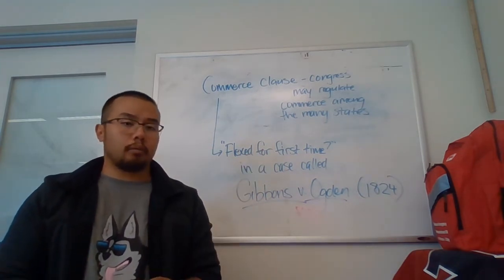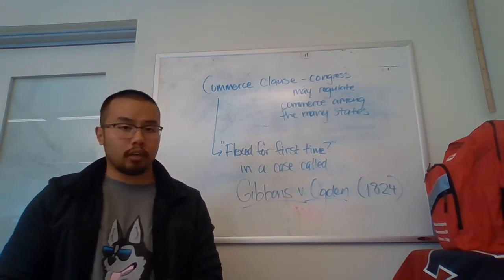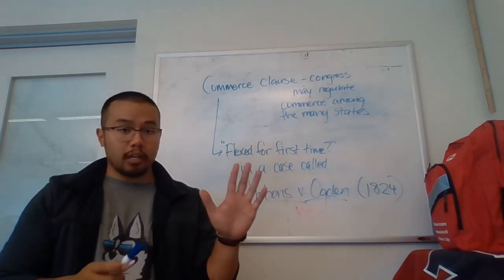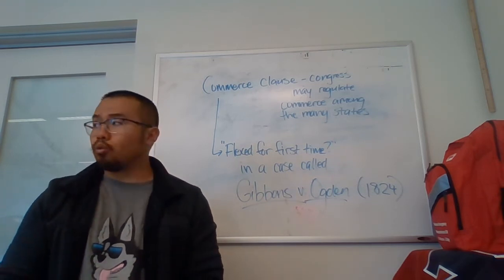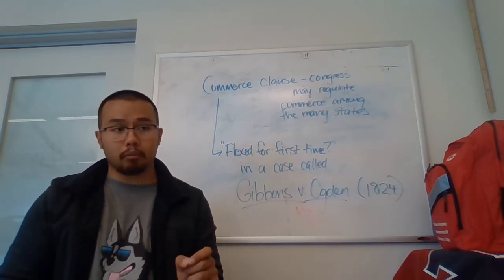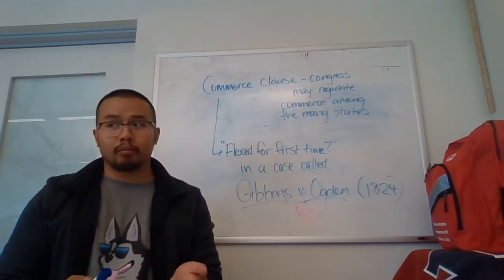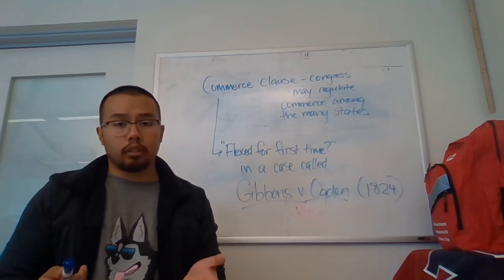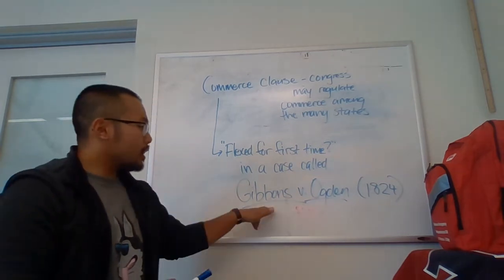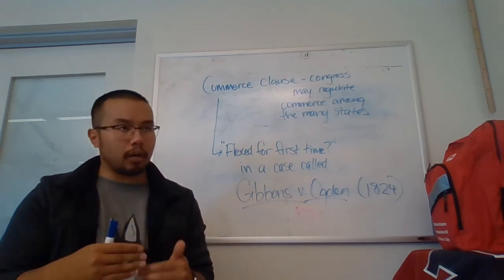For those that don't know what a monopoly is, it's just a fancy way of saying one seller, many buyers. Think of it like this: if you are the only person selling something in a given area, what can you sell it for? You could sell it for any price you want. Where else are you going to get it? So that's what Gibbons had. He had a monopoly, and so he could charge practically any price he wanted to.